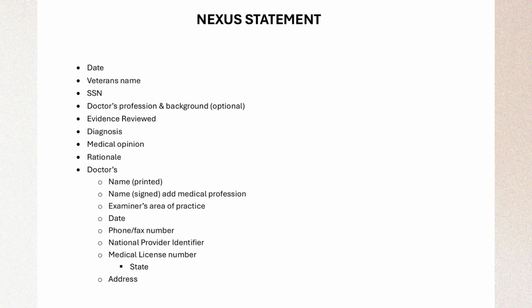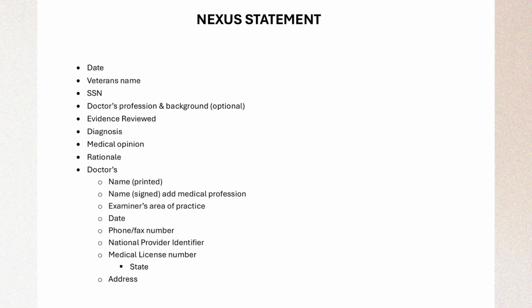Now, you may say, Dewayne, why do you have the medical profession twice? They could have missed it the first time. So if they come back and say, oh, well, your doctor didn't state what type of profession or history or anything like that. Oh, negative, Ghost Rider.